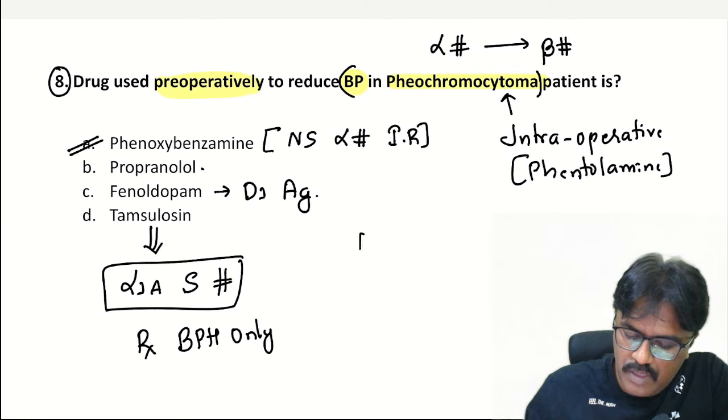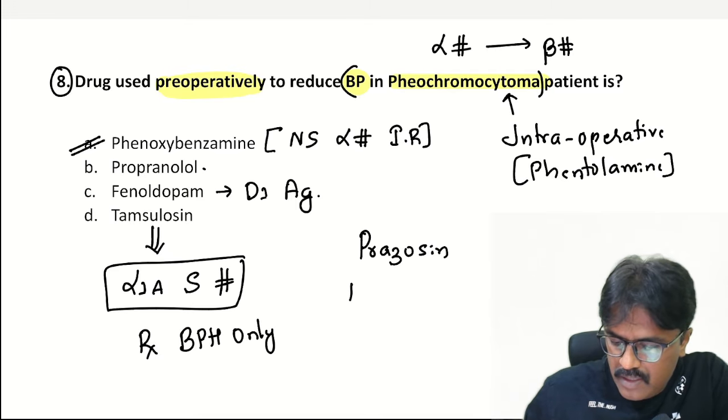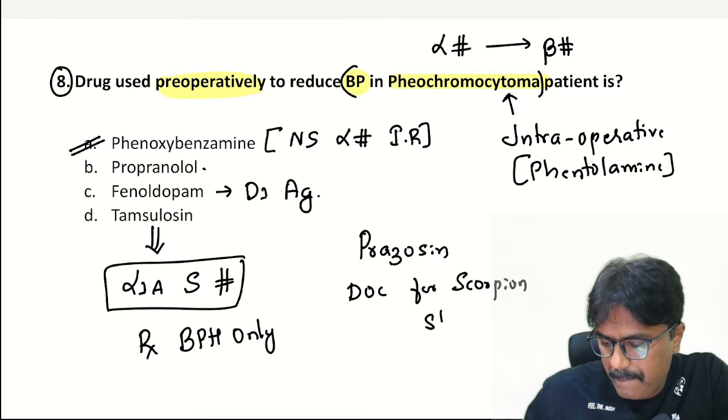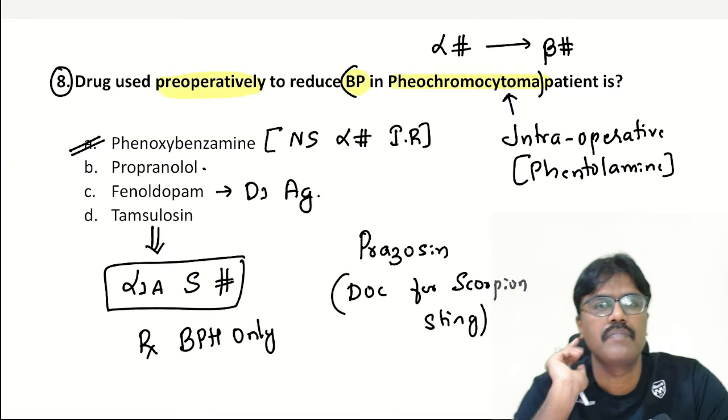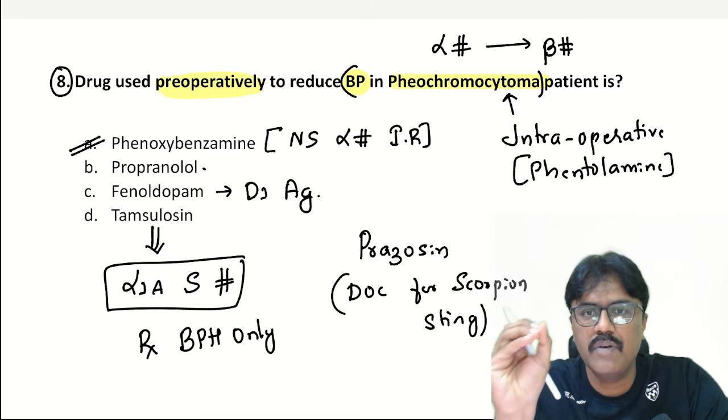So let me tell you one more alpha blocker called prazosin. It's a drug of choice for scorpion sting. Prazosin. So we understood various alpha blockers and important points from this MCQ.